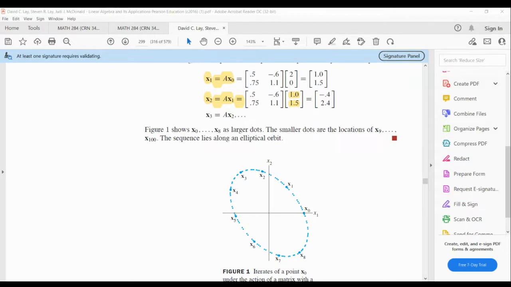Well, it's taking the vector and rotating it counterclockwise, but then you are scaling it. You do that for every point, and that's going to produce an ellipse. You see how that works?